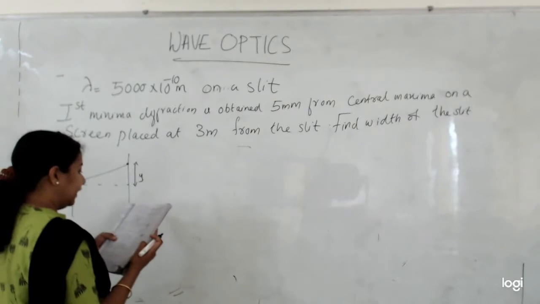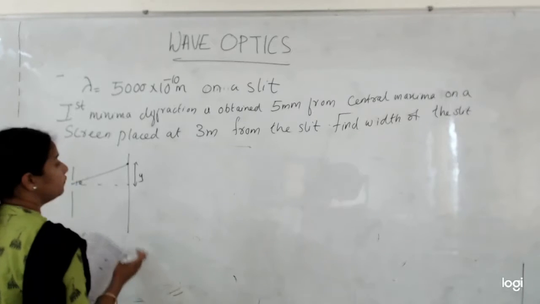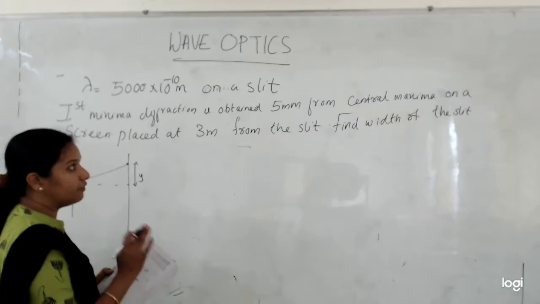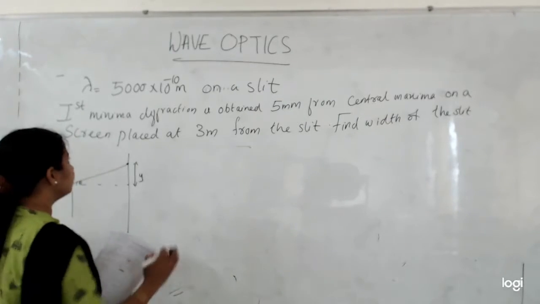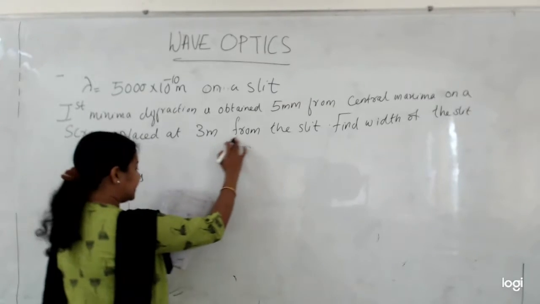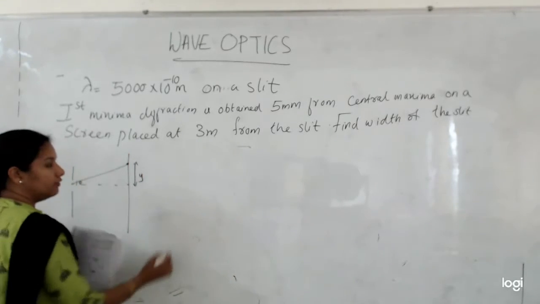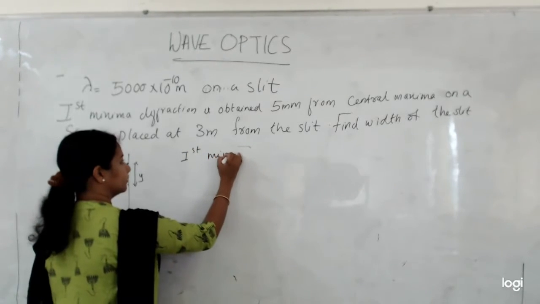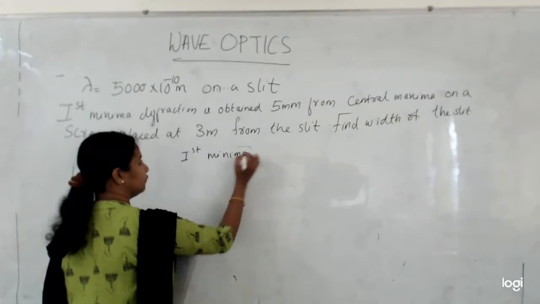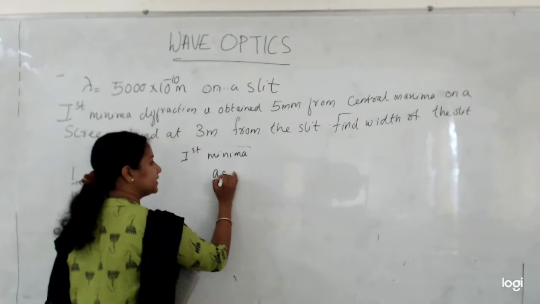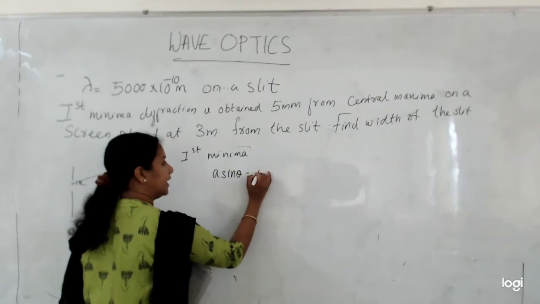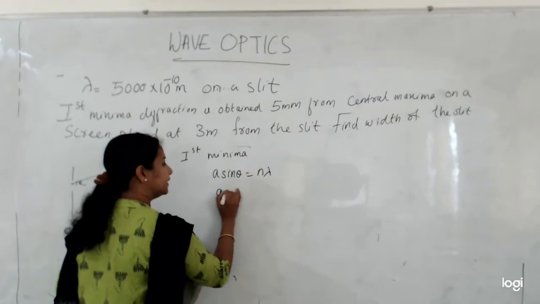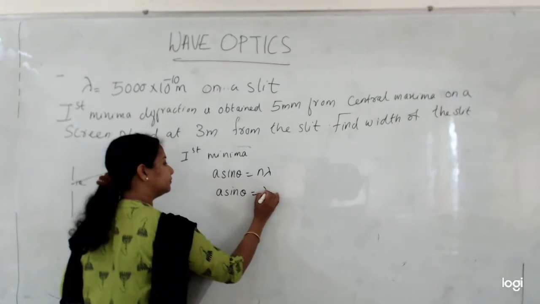And see here, they have given that the first minima is obtained 5 millimeter from the central maxima on a screen placed at 3 meter. First of all, you write the condition for first minima. What is the condition for first minima? A sin theta equals n lambda, or A sin theta equals lambda.